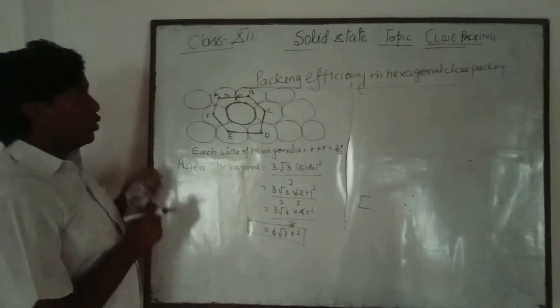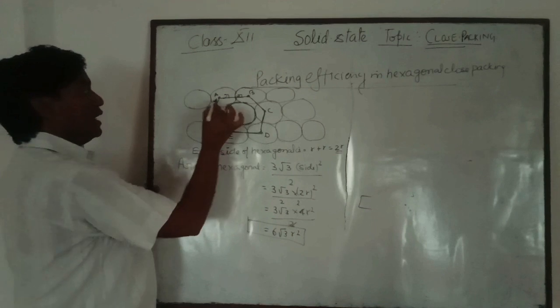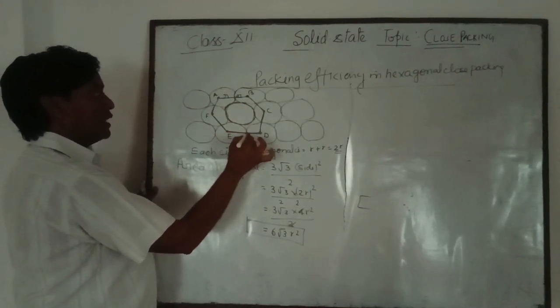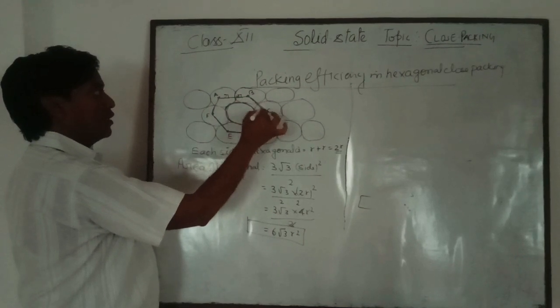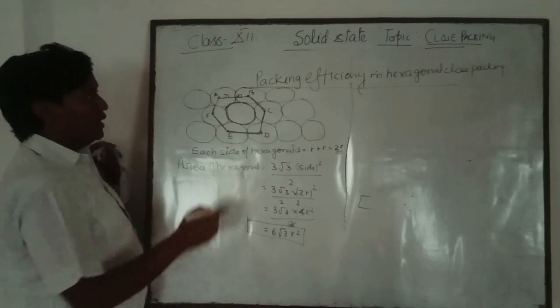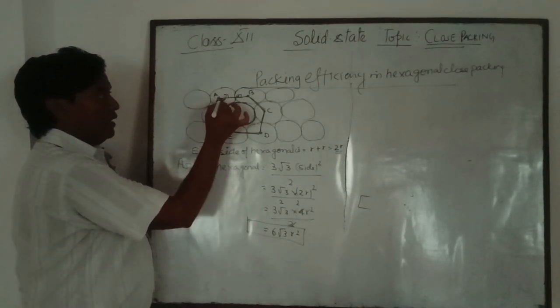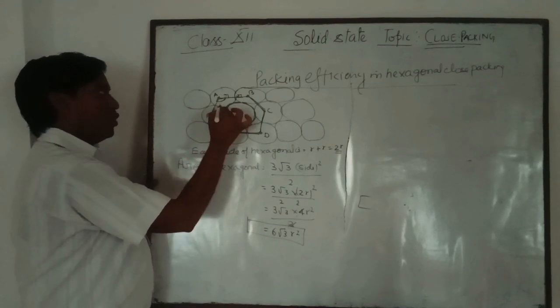Clear? After that you have to find the effective area of a sphere or circle in this hexagon. Let's see, this is a bond angle of 120 degrees. What is the bond angle? 120 degrees.